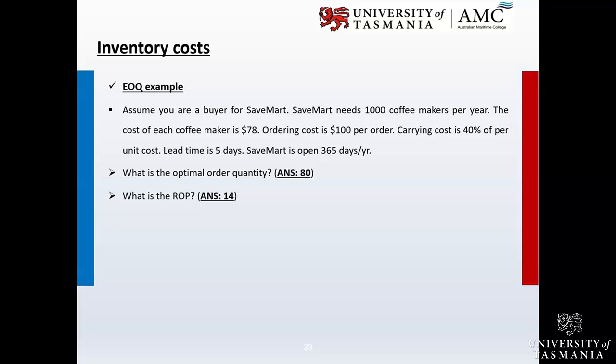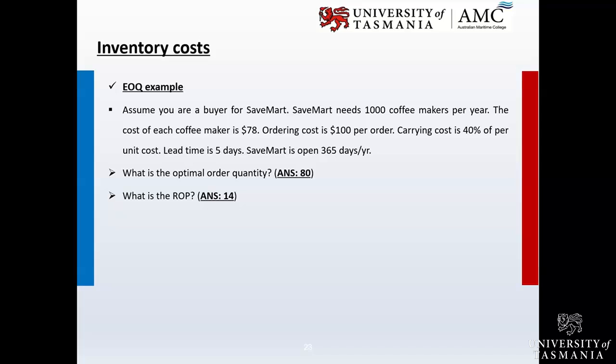So what is the optimal order quantity? So you get D, C, OC, HC, and use the EOQ formula. You will get the result, and it is 80 units.